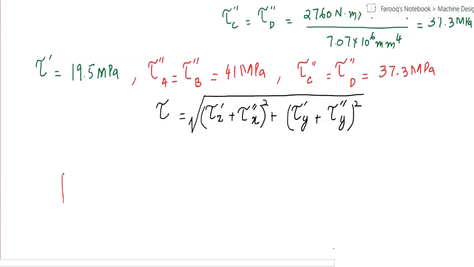We know the profile of the weld, and we also know the applied load is 25 kilonewtons. If force is from left to right, the primary shear is going to be from right to left.